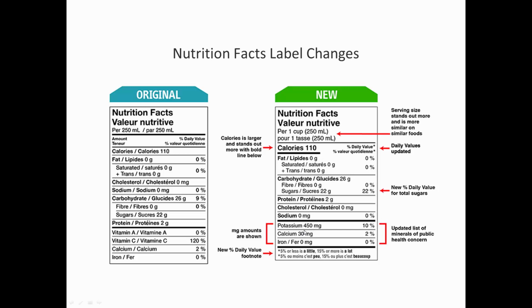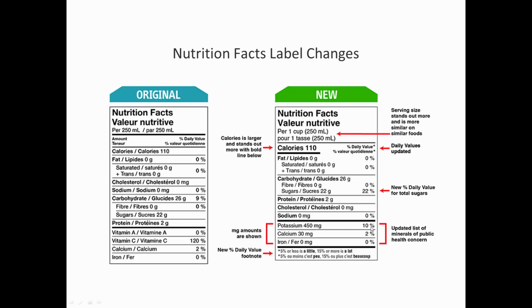They are updating some of the minerals and micronutrients that they're listing. So for example, most people get enough vitamin A and C in their diet, but oftentimes they're missing in potassium or calcium or iron. So they're listing those, and they're also giving a little footnote. It used to just say that, for example, in one serving of this product you would get 10% of your daily potassium intake.